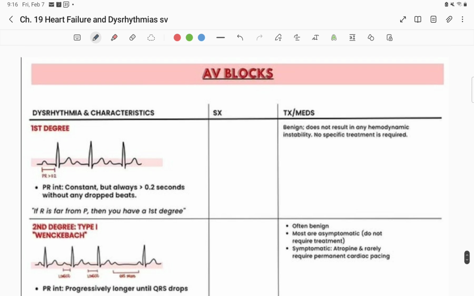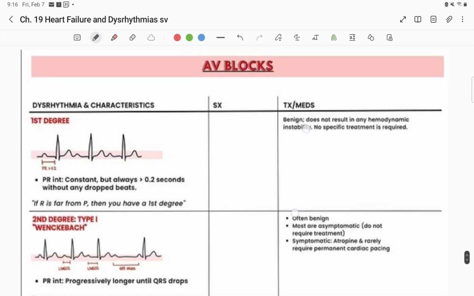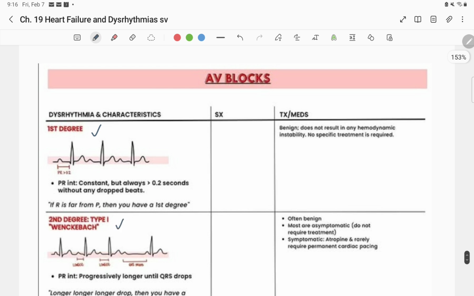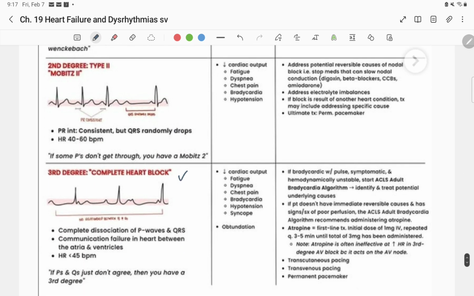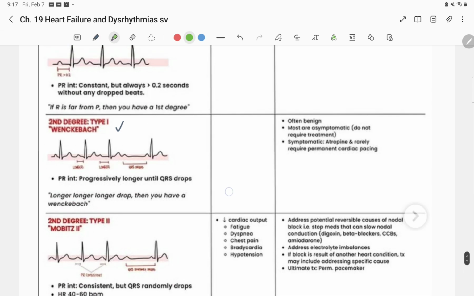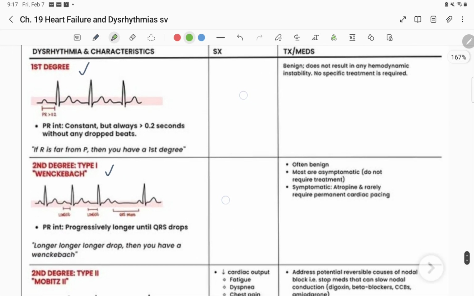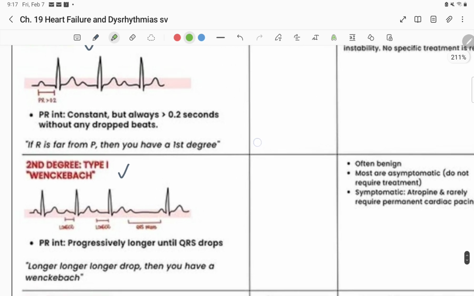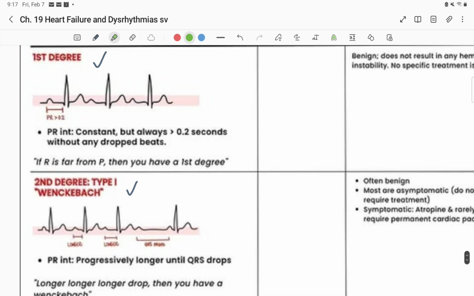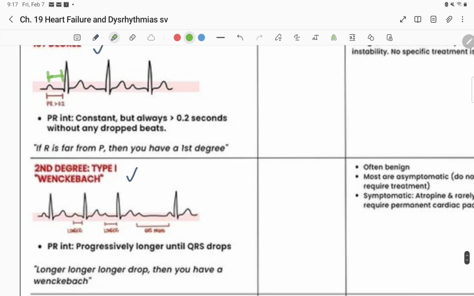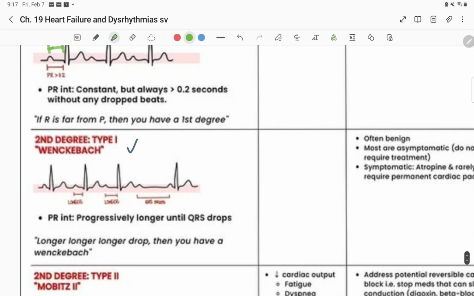With dysrhythmias or AV blocks, there's a first degree, second degree, and a third degree AV block. Okay, and it's showing the interval between the P and the QRS complex.